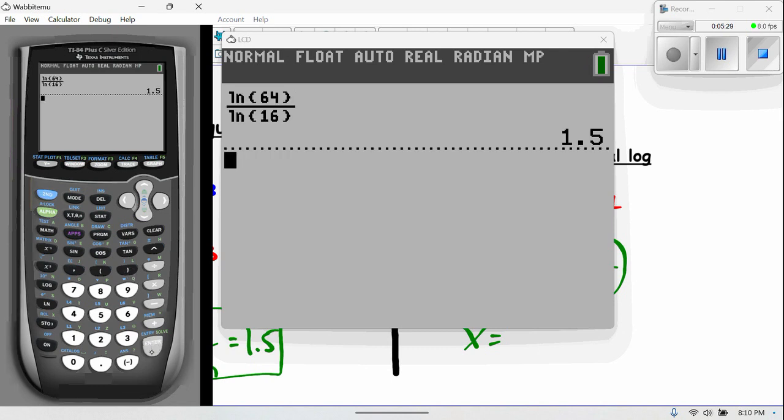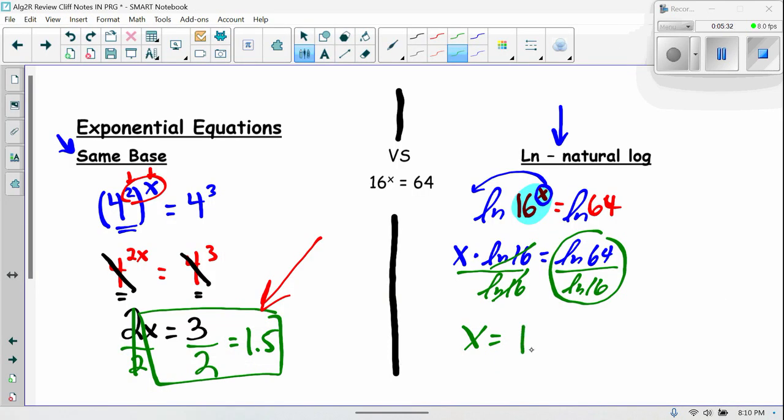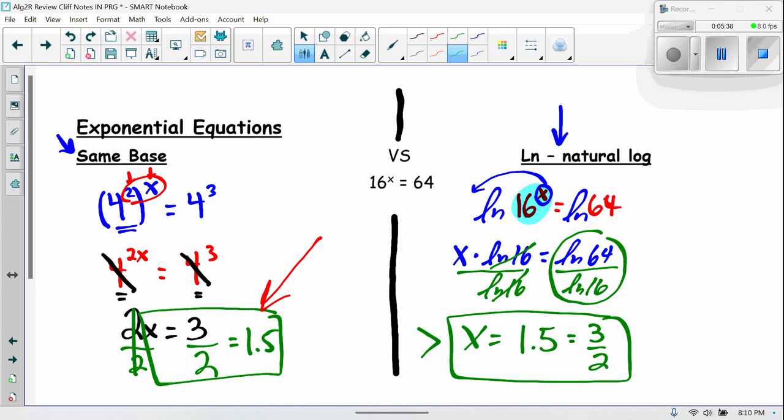And there it is, 1.5, which is the same thing as 3 over 2, which is the same exact thing as we got over here. It should be the same thing. It's the same problem. But I like to use natural log. I like to bring that exponent down. It's easier. It saves you from trying to find a common base for some complicated numbers.